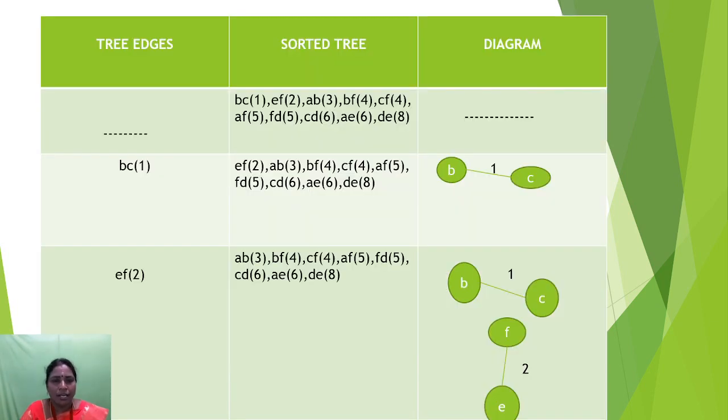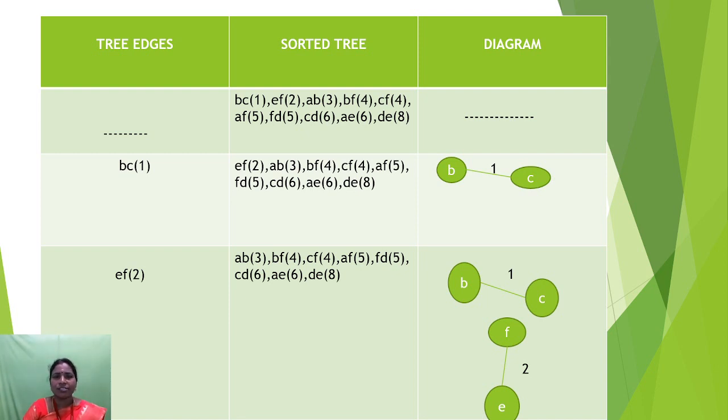So initially, the sorted tree: BC, the lowest weightage, I assign in the first position, and EF, the next weightage value, in the second position. In the same way I order all the weightages from lower to higher: 1, 2, 3, 4, 4, 5, 5, 6, 6, 8.